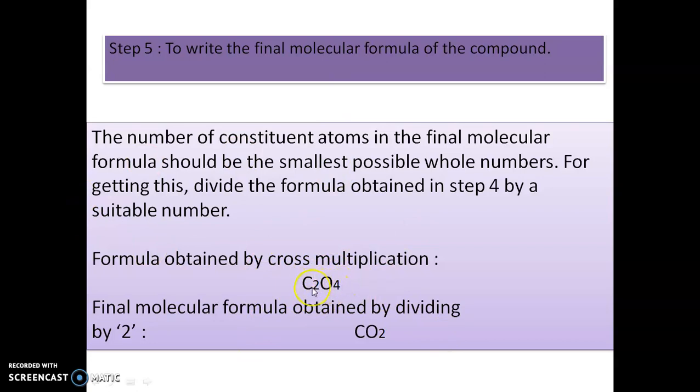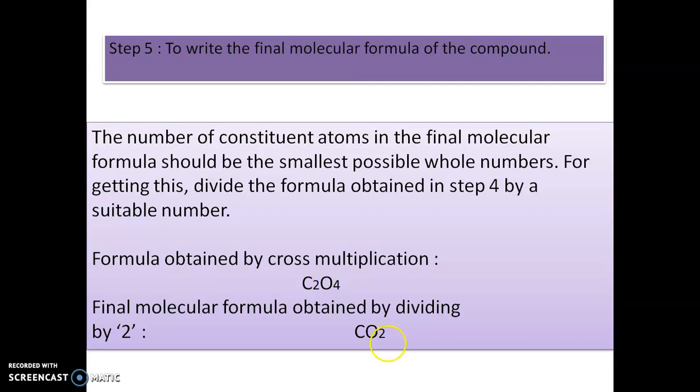C2O4. Now we have to see that 2 and 4 are divisible. So 2 1s are 2, 2 2s are 4. Therefore by dividing these numbers by 2, we get the final formula as CO2.